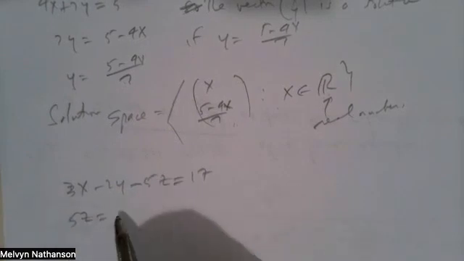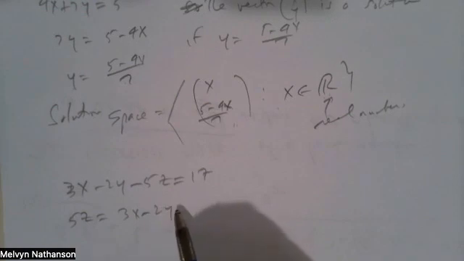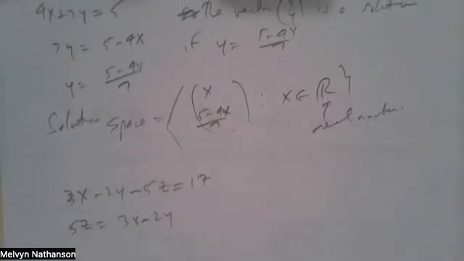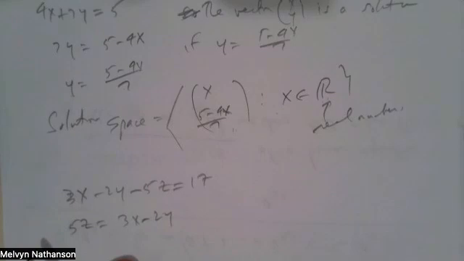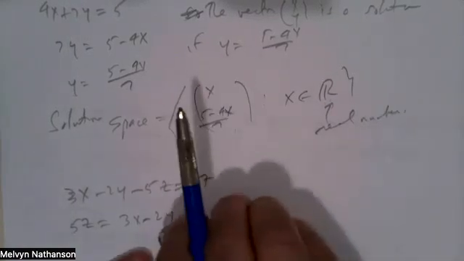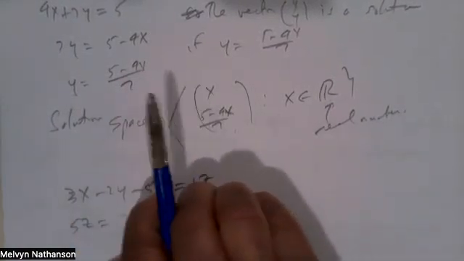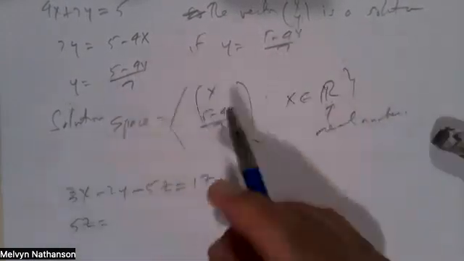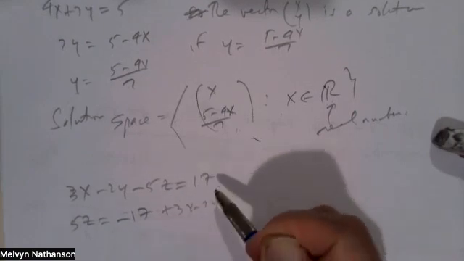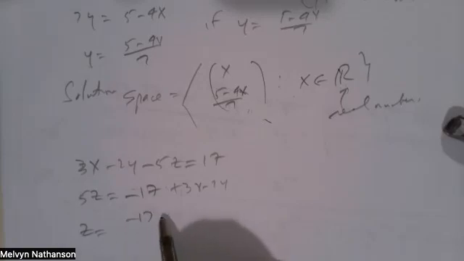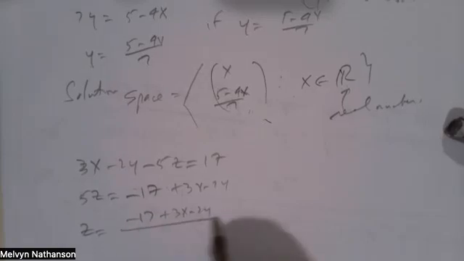So 5z is 3x minus 2y minus 17. Let me write it like this, though. 5z is minus 17 plus 3x minus 2y. So z is minus 17 plus 3x minus 2y over 5.